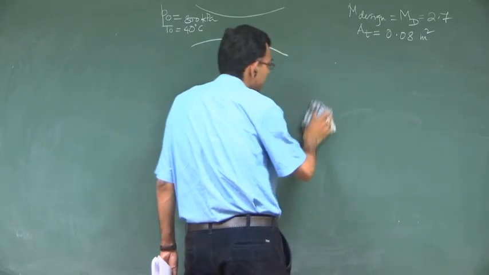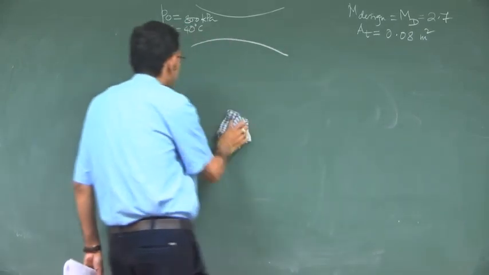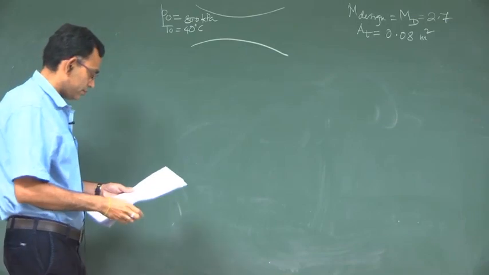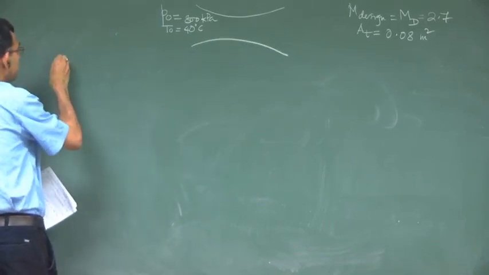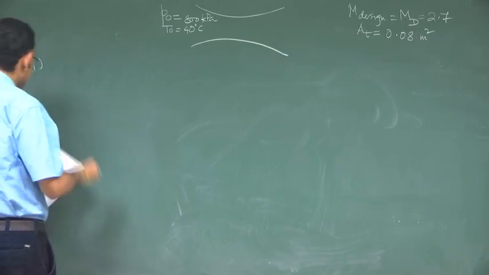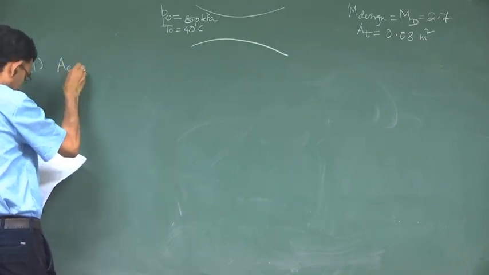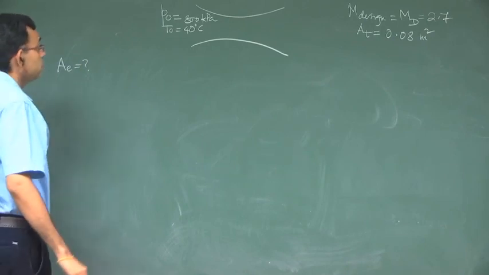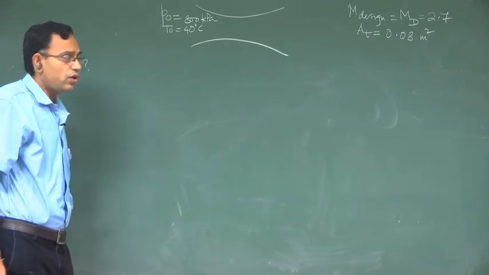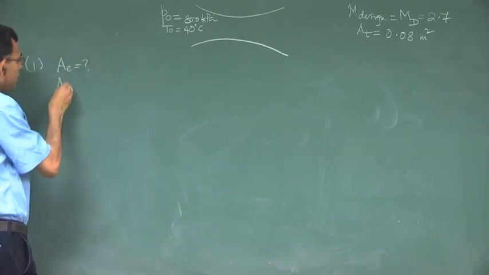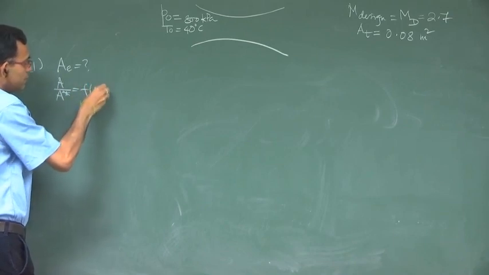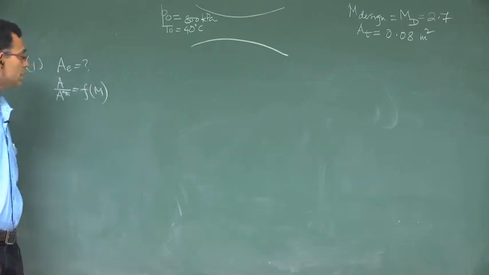I have the question in my notes, so I will look into the questions and start solving one by one. So, the first question is, what is AE? We know a relationship between A by A star as a function of Mach number, right.